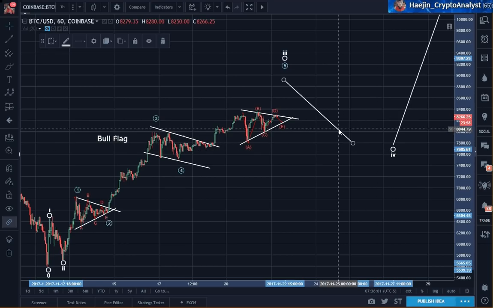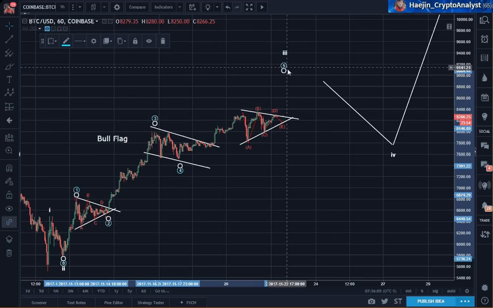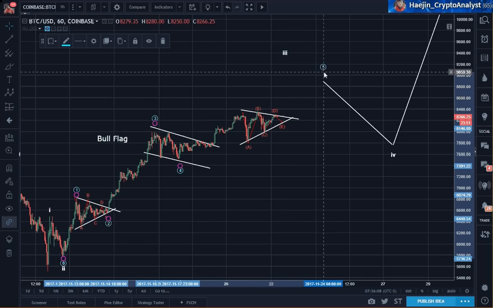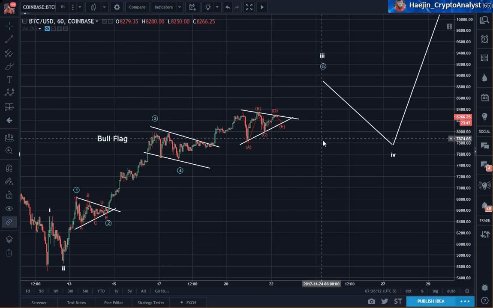We need to move this to the right because time has elapsed. Like that.